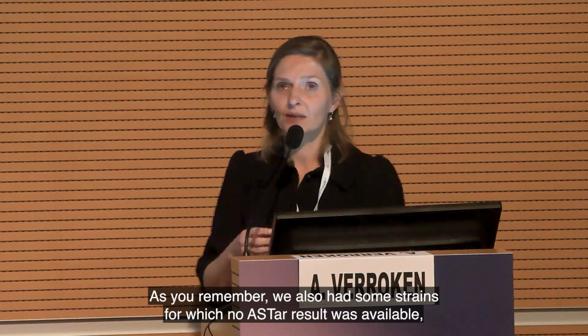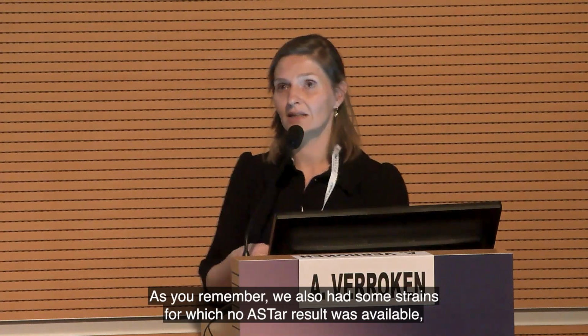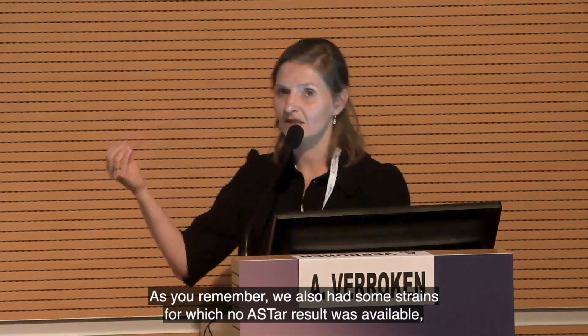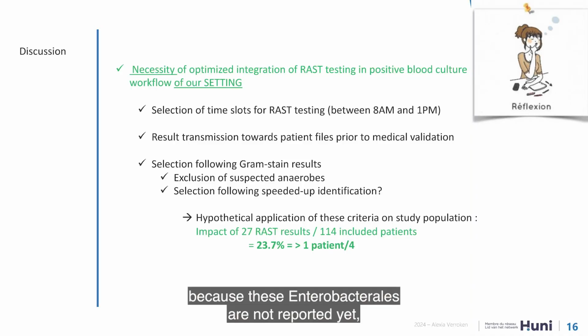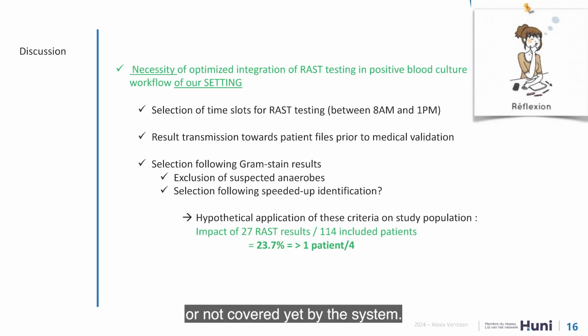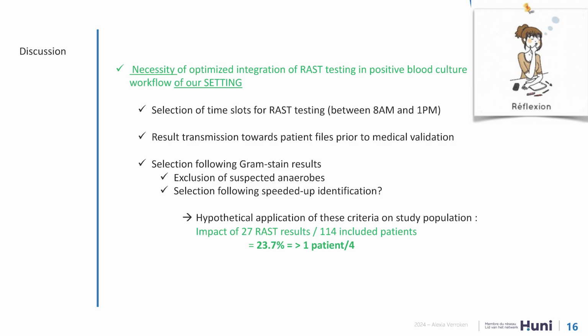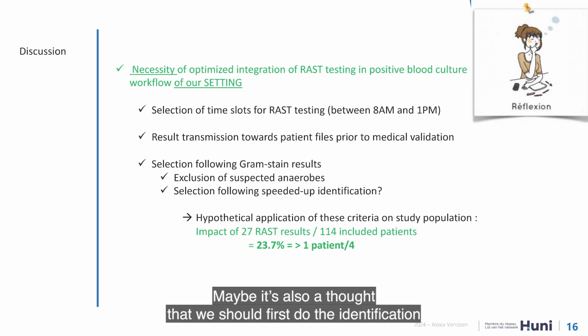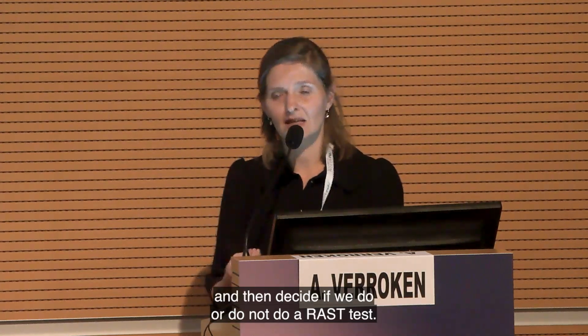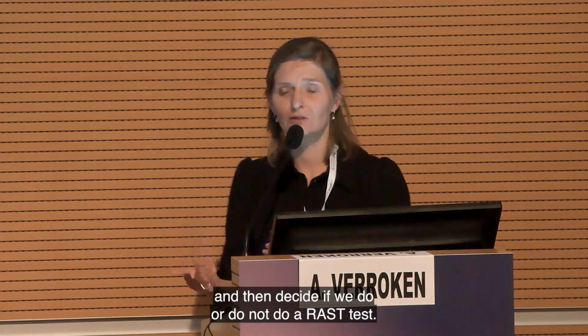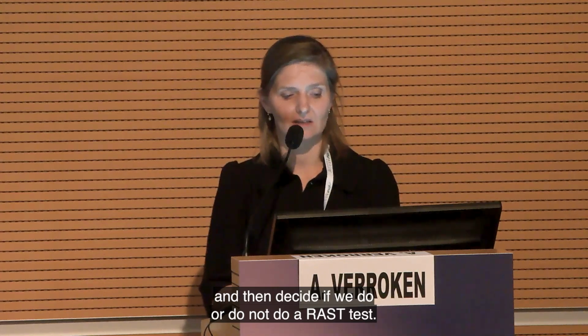As you remember, we also had some strains for which no ASTar result was available because these Enterobacterales are not reported yet, or not covered yet by the system, and we also had many anaerobes. Maybe it's also a thought that we first should do the identification and then decide if we do or we do not do a rapid AST test.